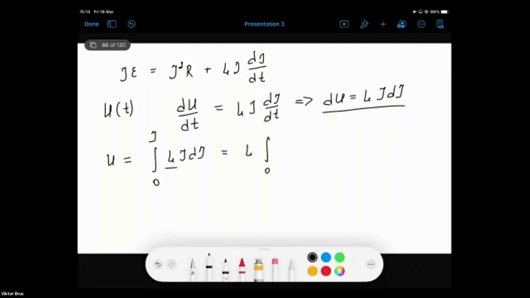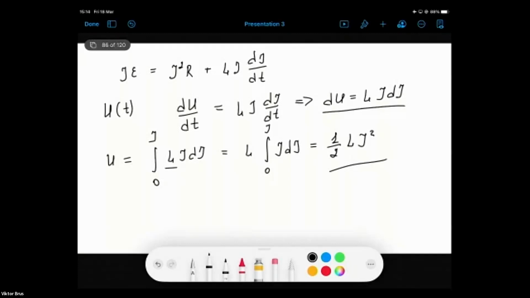Here will be integral from 0 to I of I times dI. So eventually we can write that it will be equal to 1/2 times L times I squared. So this will be the energy accumulated in inductor in the form of magnetic field.